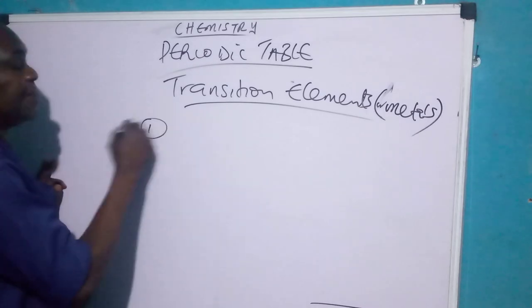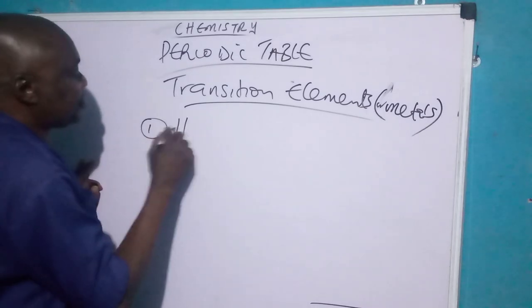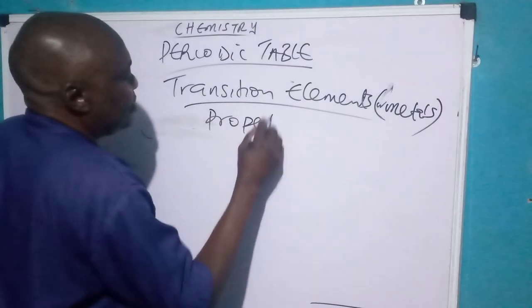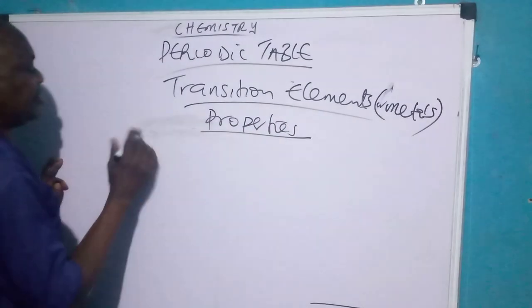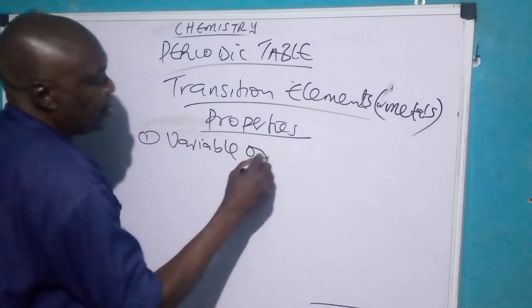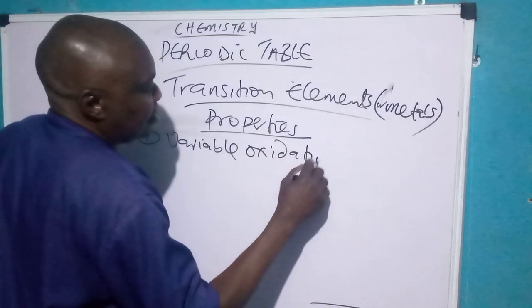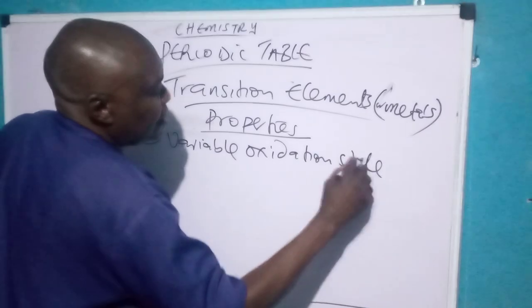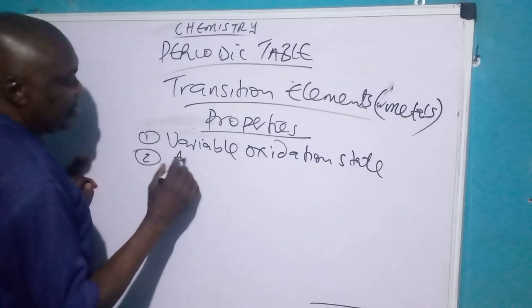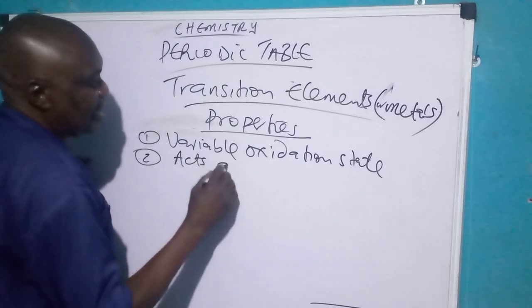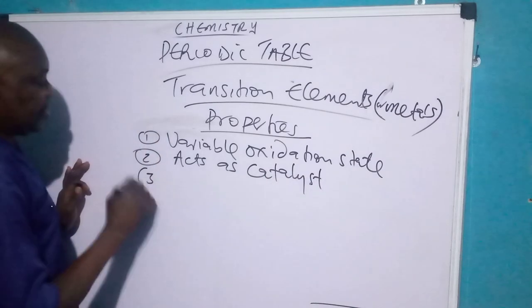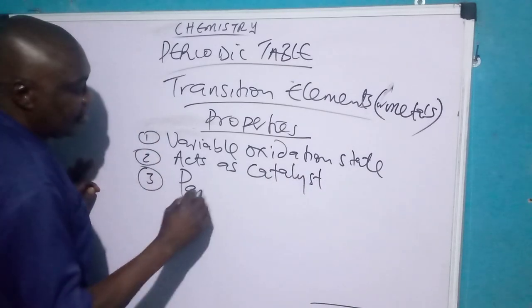Let me just write the heading, properties. You have one, they have variable oxidation state. You have 2, they act as catalyst. You have 3, they are paramagnetic.